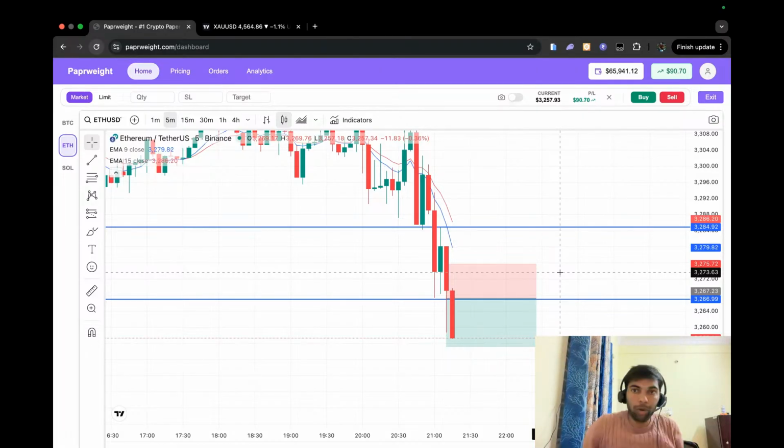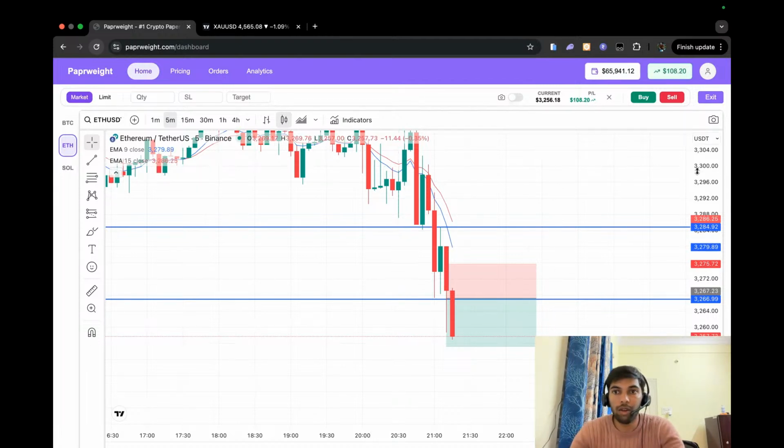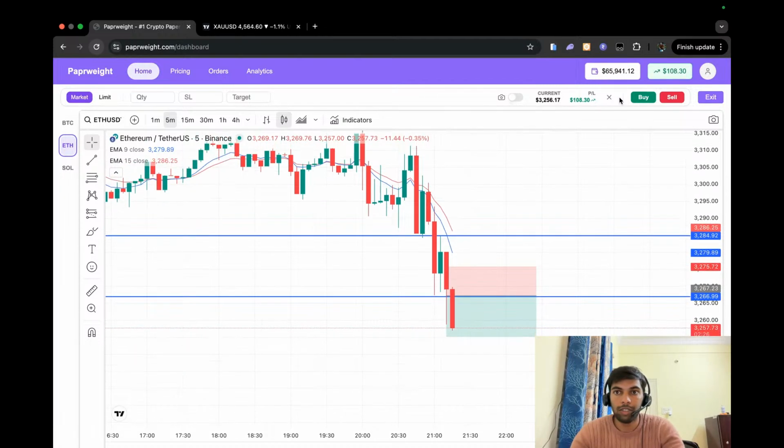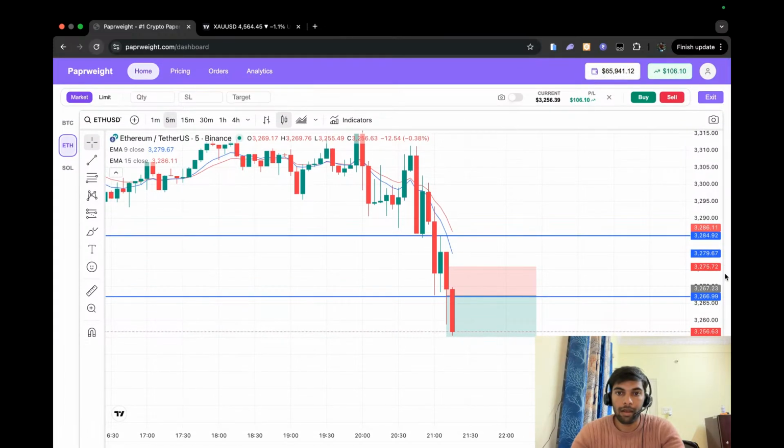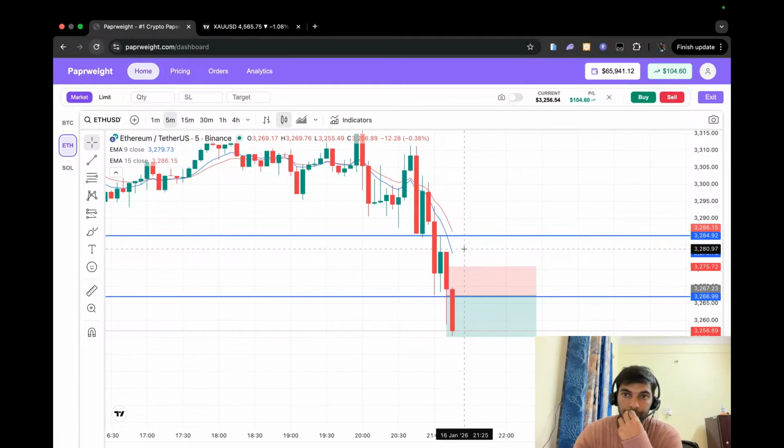So this is a long position, right? It is my positional position, and I jumped in with a low stop loss. And let's wait for 2 minutes and 20 seconds to see the market.